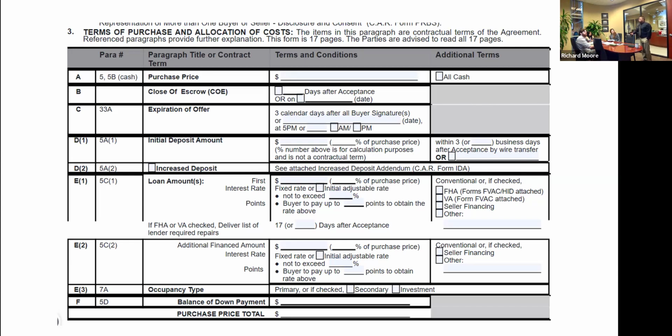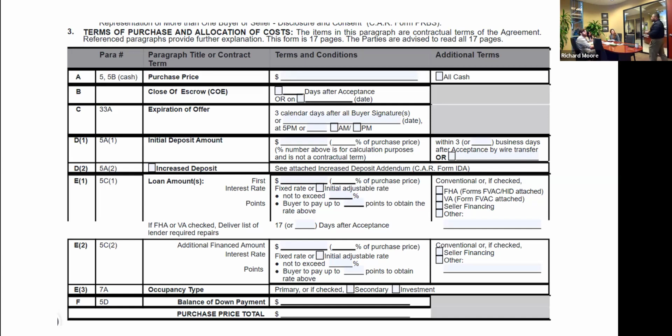So let's say right now the rate is going for like 6.75. If you put in about a quarter percent higher than what they're qualified for, so if it's 6.75 right now, you're going to enter 7% right there.